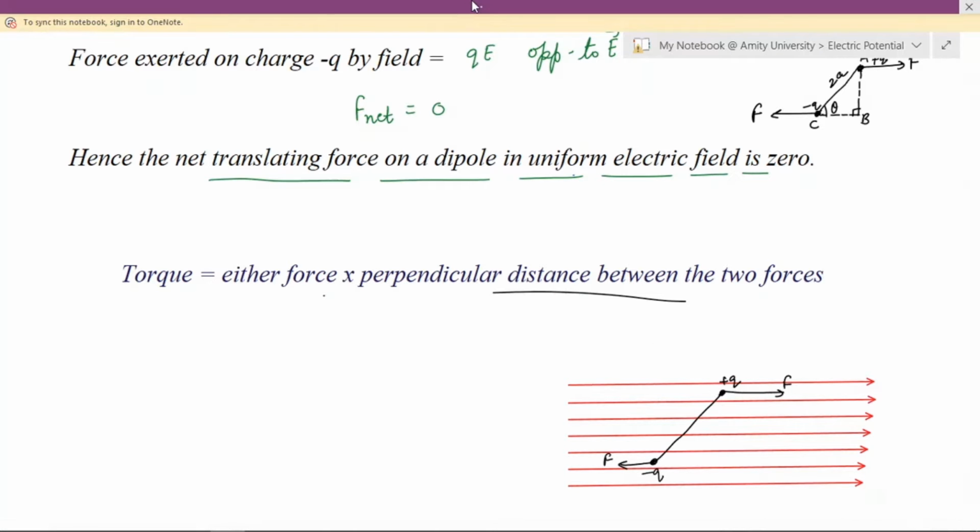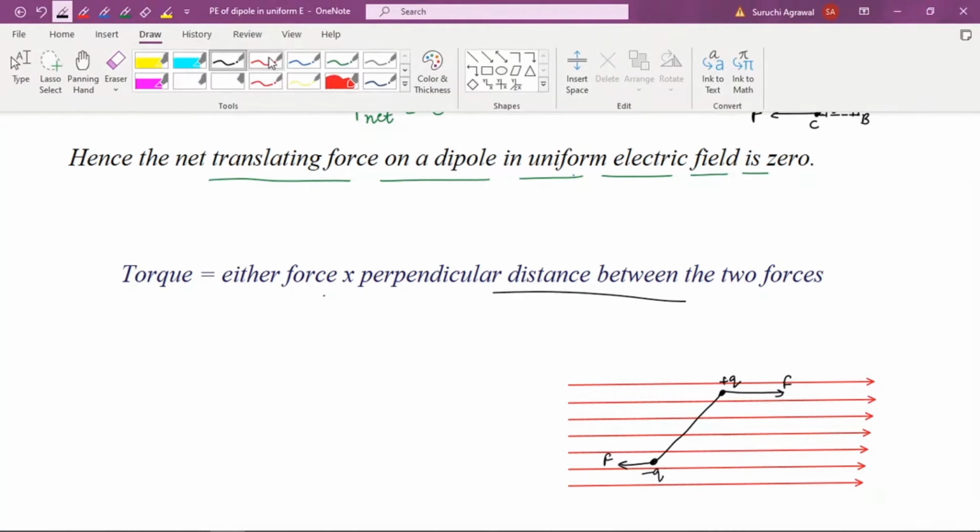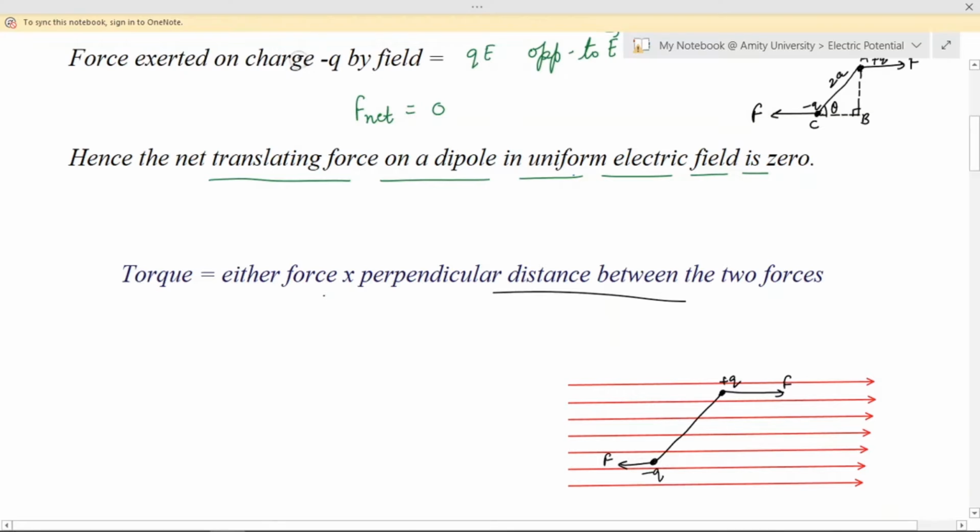Just completing this triangle to find the perpendicular distance between the two forces, I make the triangle over here such that this angle is theta. Everywhere this dipole makes an angle theta with the electric field.